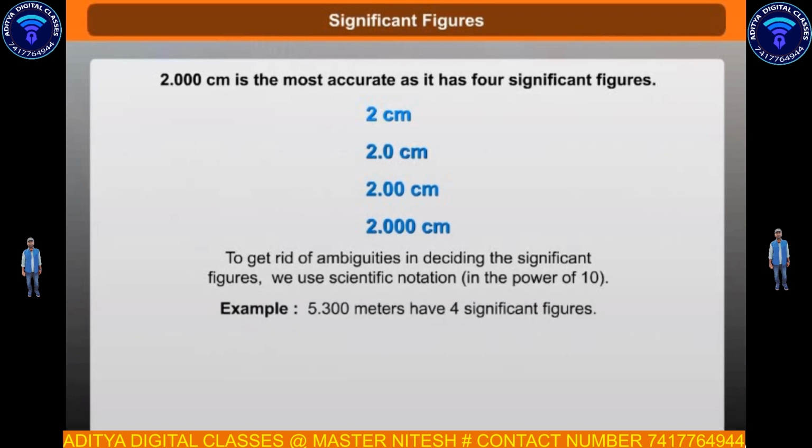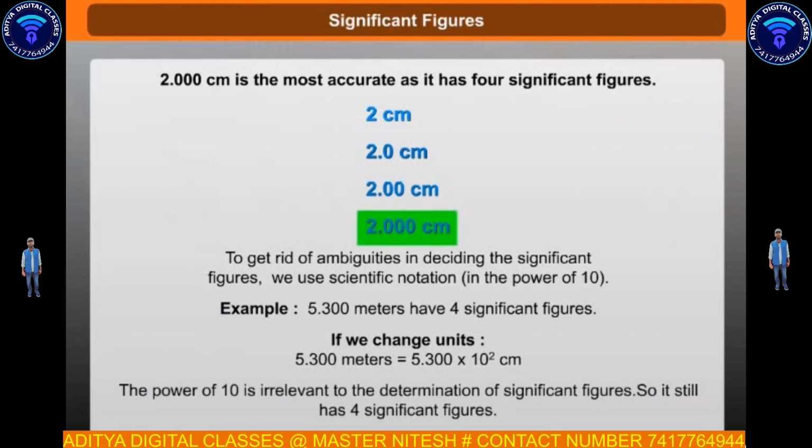For example, 5.300 meters has 4 significant figures. If we change units, 5.300 meters becomes 5.300 times 10 raised to the power of 2 centimeters. The power of 10 is irrelevant to the determination of significant figures. So, it still has 4 significant figures.